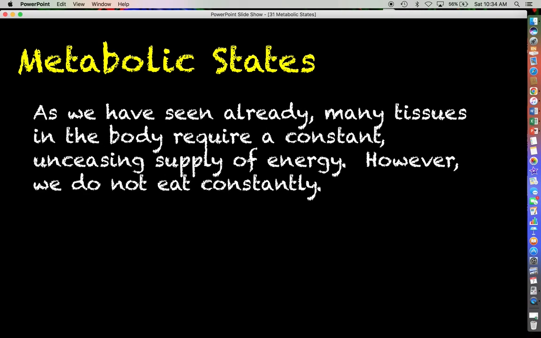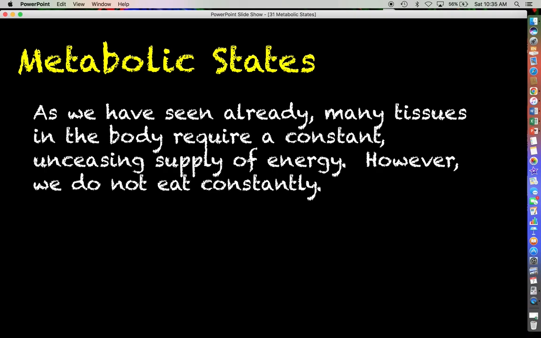So as we've seen already, there are many tissues in the body that actually require a constant, unceasing supply of energy, meaning that these are tissues that literally cannot ever go without energy. They always are needing to be fed nutrient molecules. So we've talked about things like the brain, which needs to be fed constantly. The cardiac muscle of the heart needs to be fed constantly.